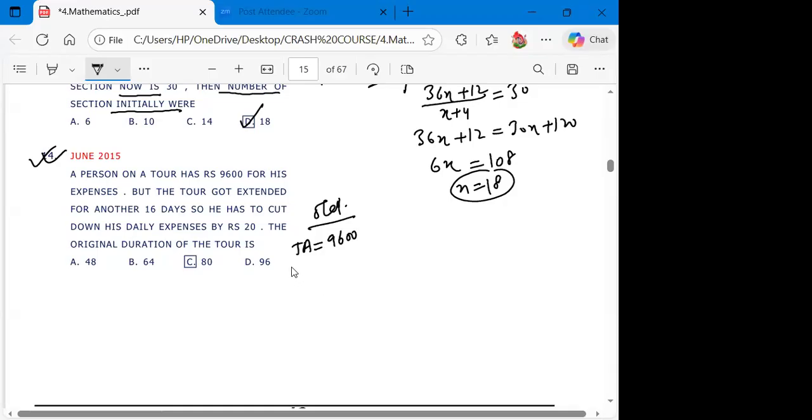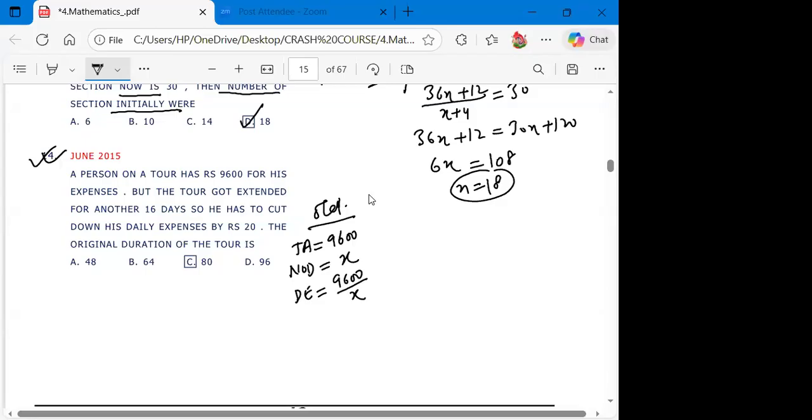And let us say the number of days in the tour were X. Can I say, sir, daily expenses according to his budget should be this one? If I'm having 9,600 total, and for X days, so per day how much am I having? This much money available. This was my old position.